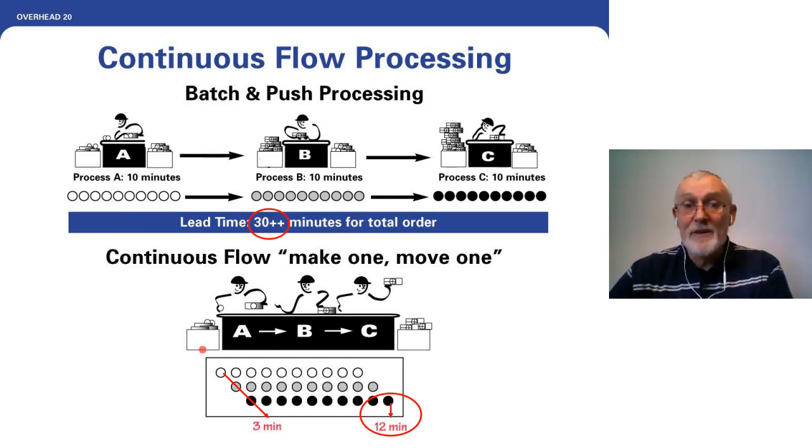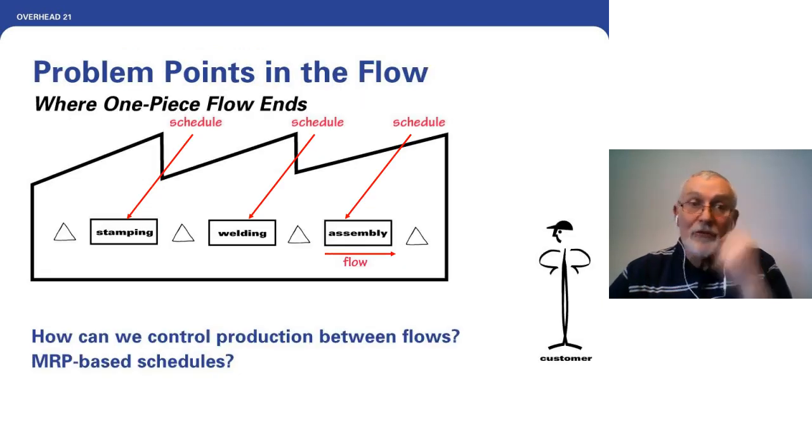Whereas on the bottom here, if we can move that piece snappily, one piece at a time through, then we can get a first piece out in 3 minutes and potentially a batch of 10 in 12, as opposed to the 30 plus that typically will happen in a more traditional push environment. So again, flow, we want to try and embed flow into the future state.